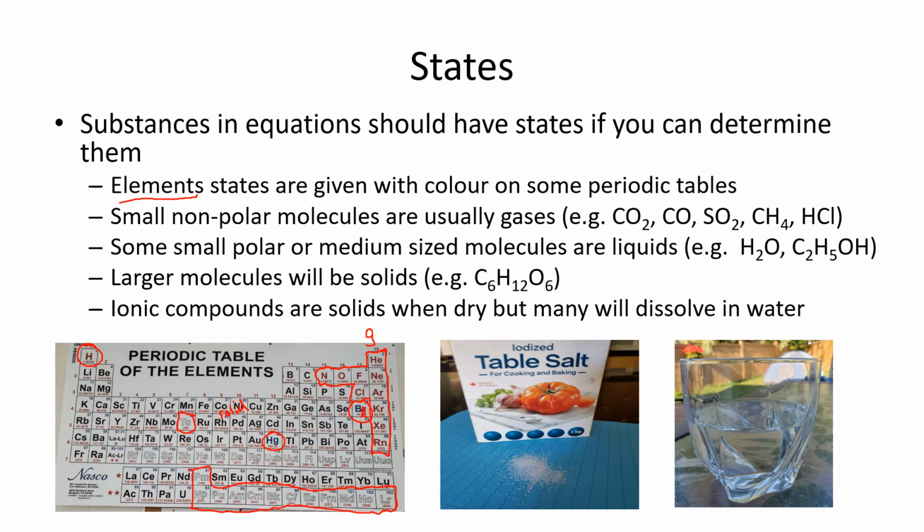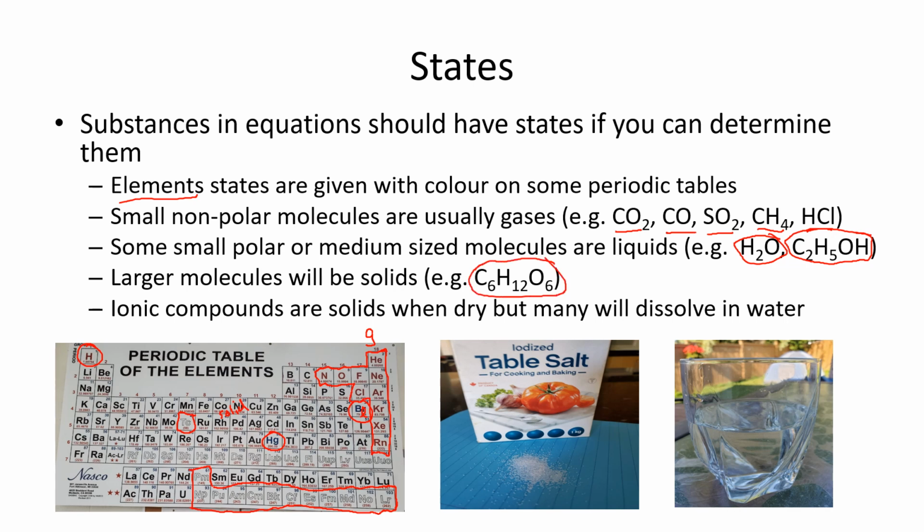For molecules, it tends to depend on their polarity and size. So the really small ones, especially nonpolar ones, they'll tend to be gases. Anything with an OH group on it tends to be liquids, and then larger molecules, they'll be more likely to be solids.